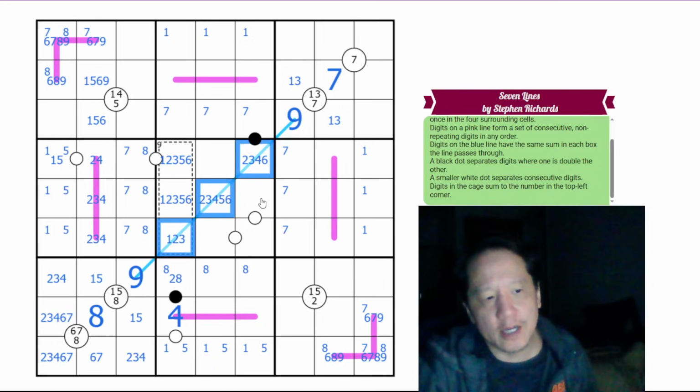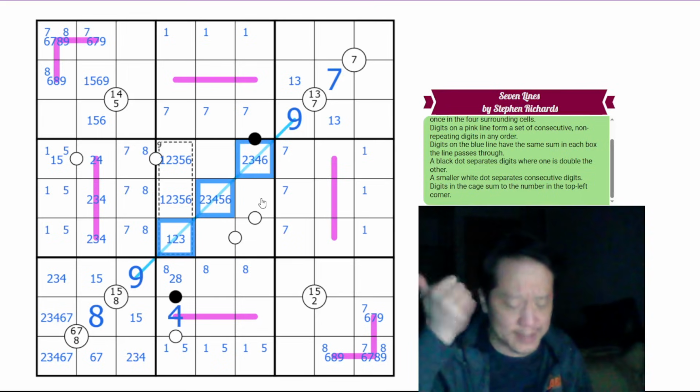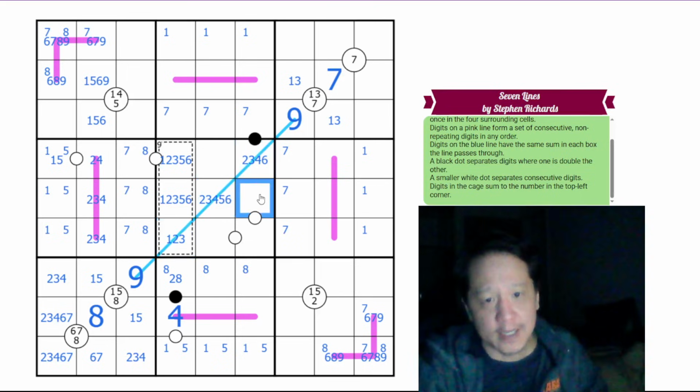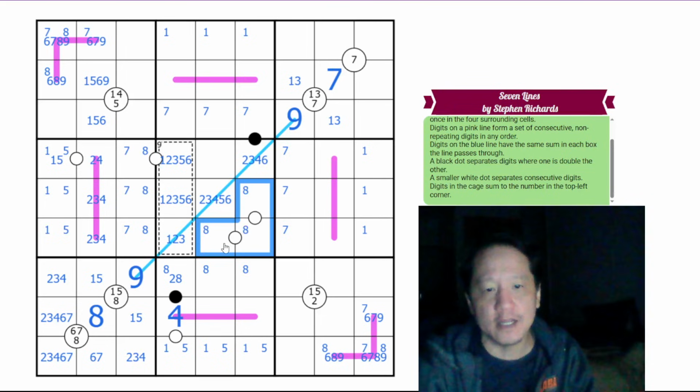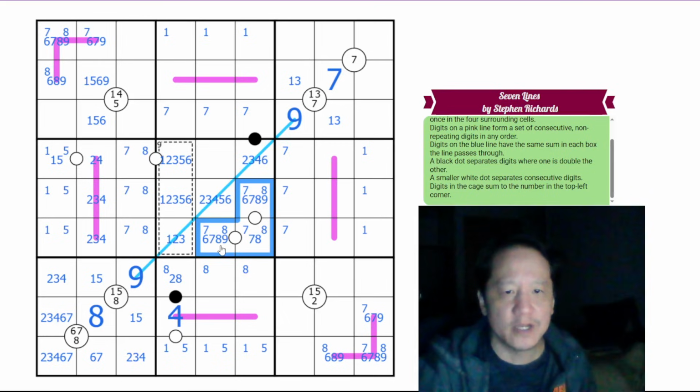So it cannot be 3, 4, 5, 6, cannot be 5, 6, 7. It could be 6, 7, 8, or 7, 8, 9. So we're guaranteed an 8 here and a 7 here. So this has to be a 7 with possibility 6 and 8, or 8 with this being 7 or 9. And either way, this is 7 or 8.